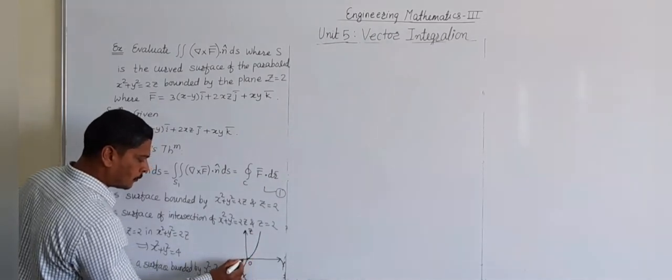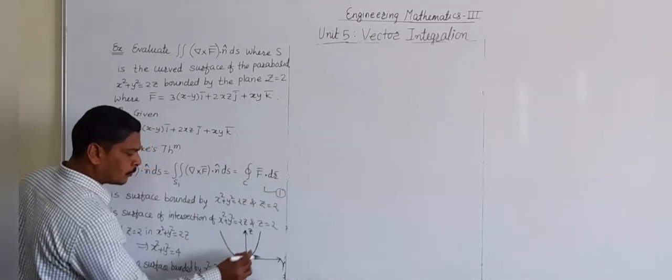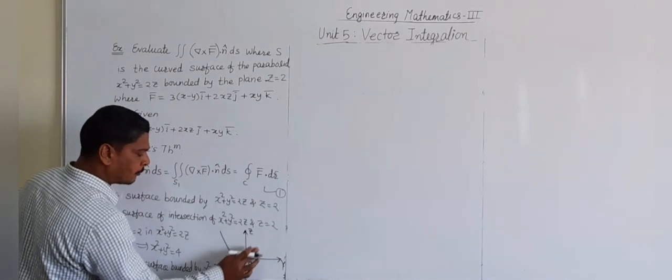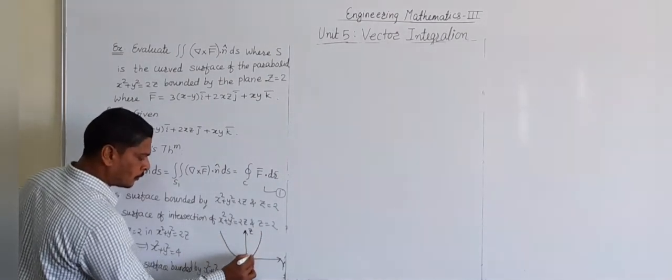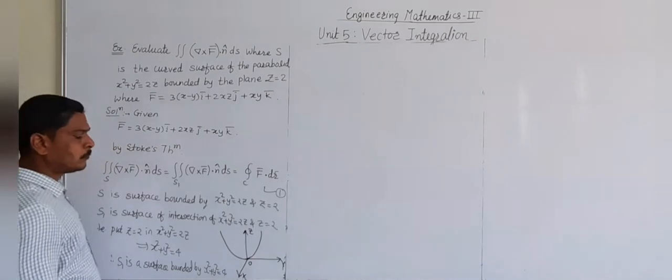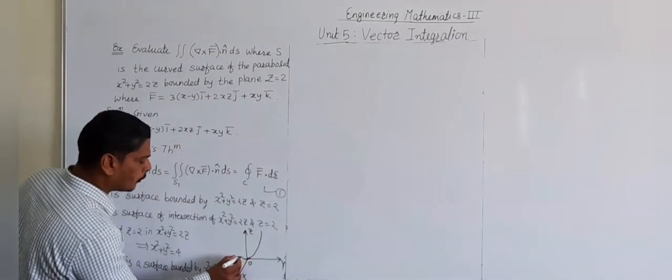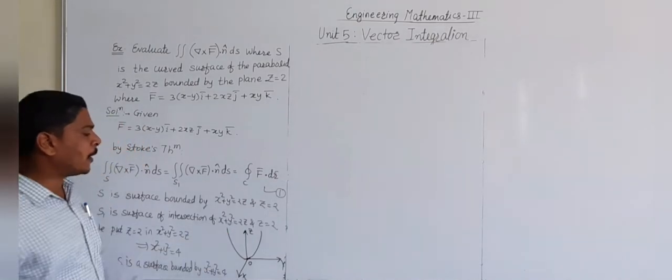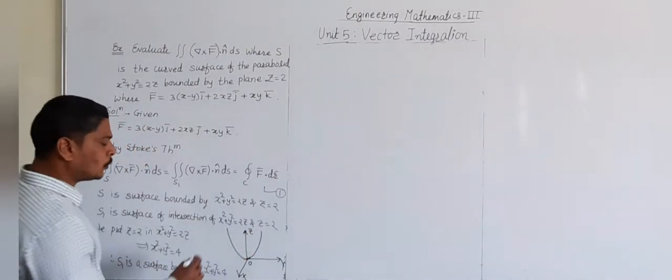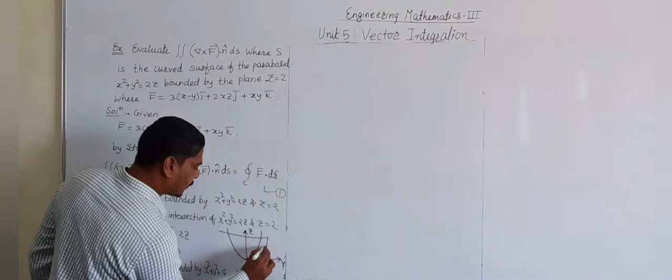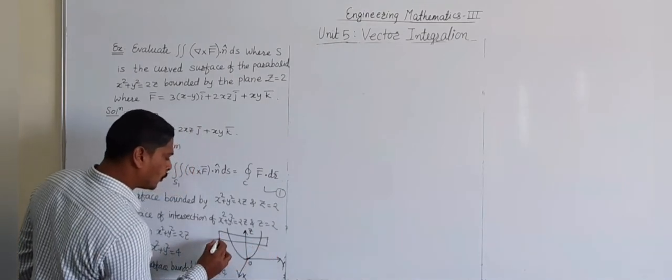So this is a 3D curve in the xyz plane. This is our paraboloid, and this paraboloid is bounded by the plane z is equal to 2, and this is our plane z is equal to 2.